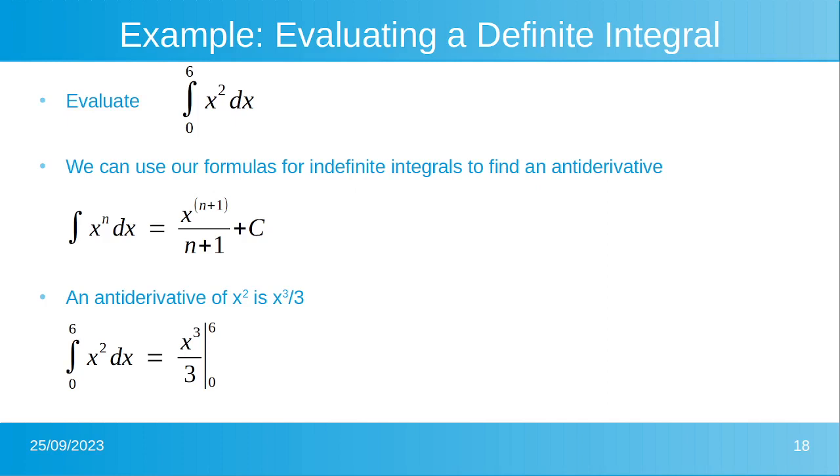So to get back to our definite integral, the integral from 0 to 6 of x squared dx is equal to our antiderivative, x cubed over 3, evaluated from 0 to 6.